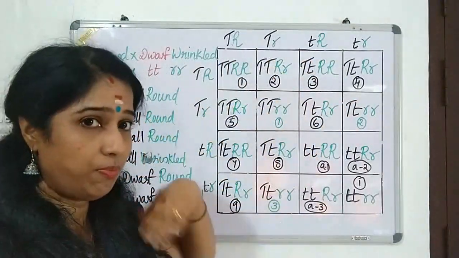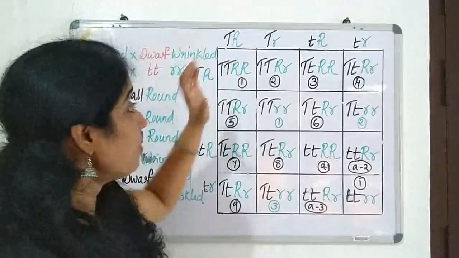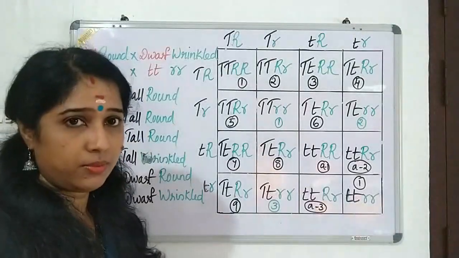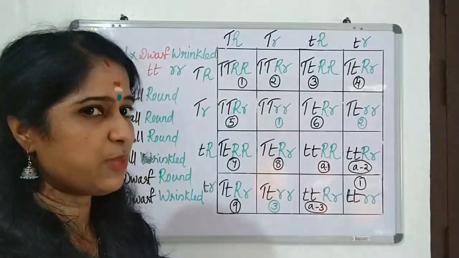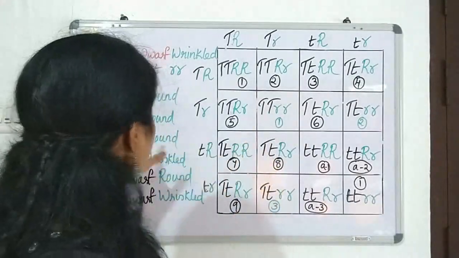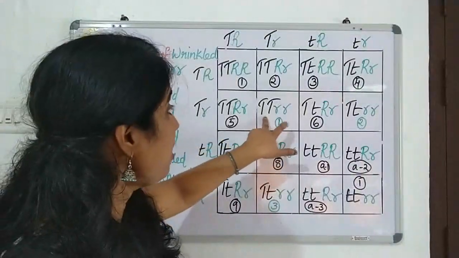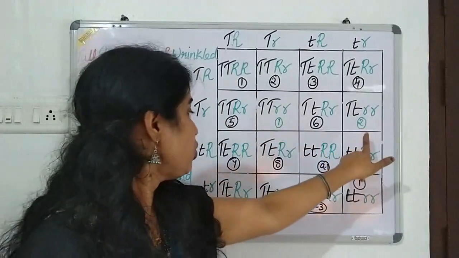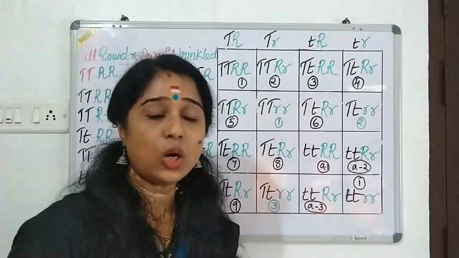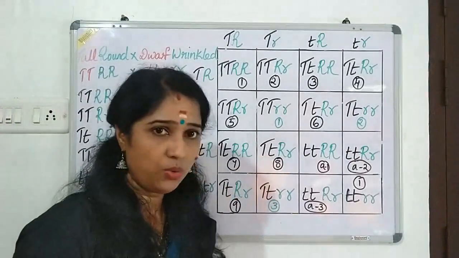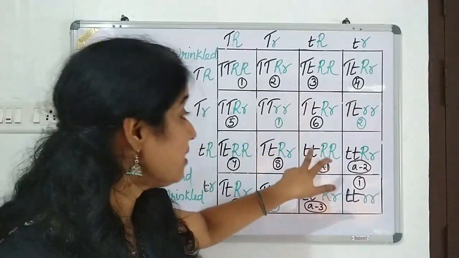Among the 16 plants produced, 9 plants were tall, round. Phenotypic expression is what? Tall, round. Then what about another one? Tall, wrinkled, how many are there? 1, 2 and 3. Among these, 9 tall, round, 3 tall, wrinkled.